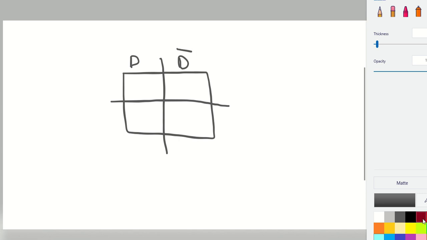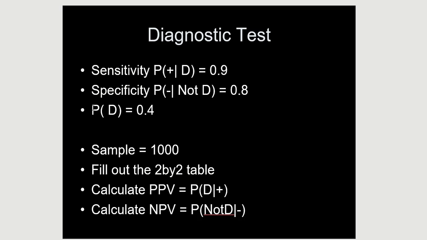On the other, I'm going to put the test result, so it's either testing positive or testing negative. We have been told that there are 1,000 people, so the total is 1,000. We're also told that the probability of disease is 0.4, and 40% of the sample have the disease.